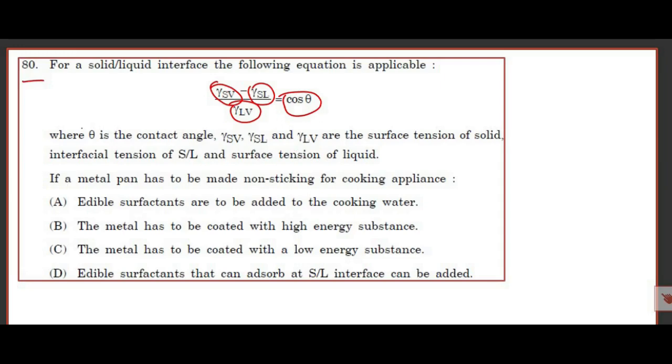Let us take a surface which is having this angle theta. For this one, angle theta is equal to 180 degrees.